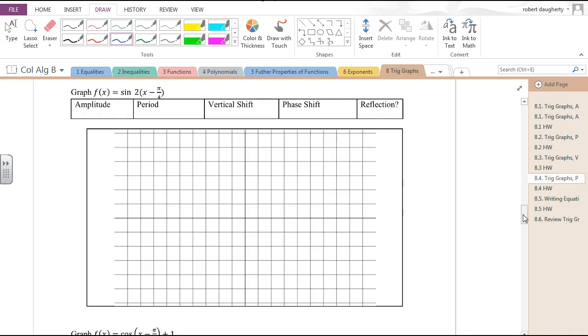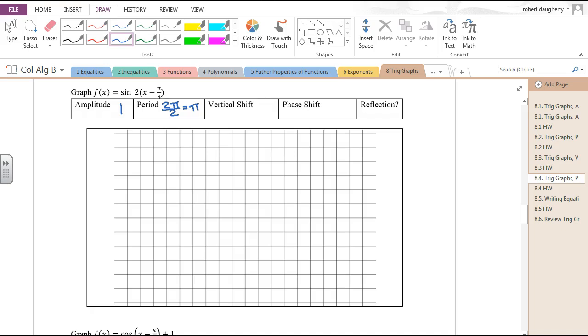Okay, let's graph the sine of 2x minus pi over 4. Okay, what is the amplitude here? Nope. Amplitude is 1. The period is 2 pi divided by what? 2 pi divided by 2, which is pi. Okay.